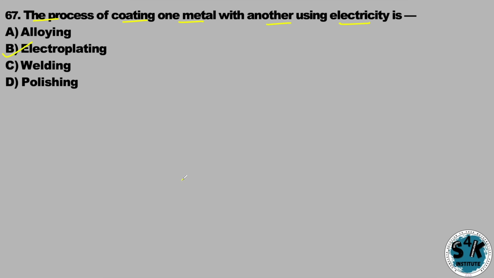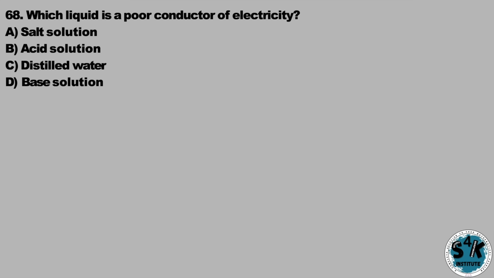We use it mostly with mild steel or iron to make it rust resistant. Which liquid is a poor conductor of electricity? It is distilled water, which is a pure form of water, where nothing else is present.